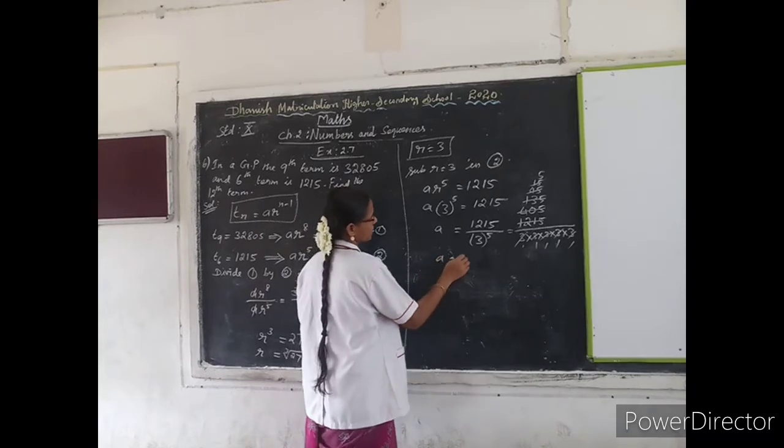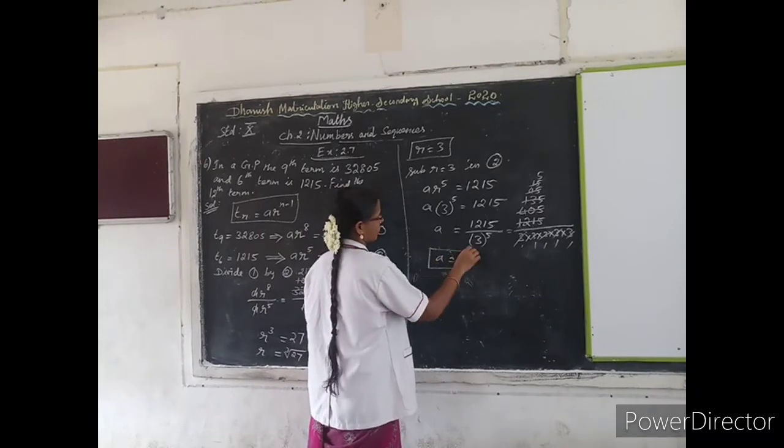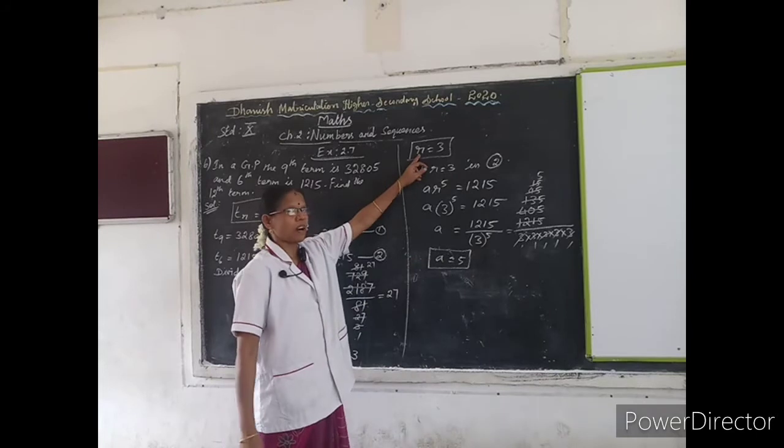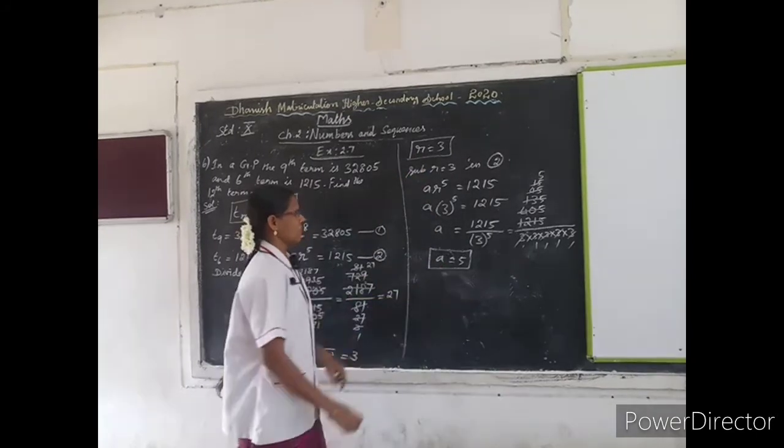So A is 5. Now we know what R is and what A is.